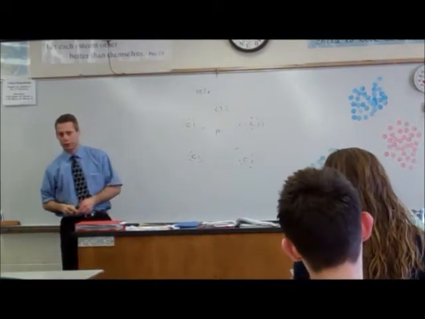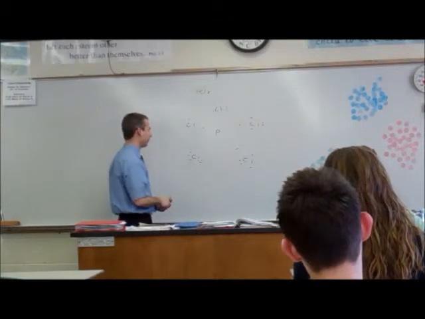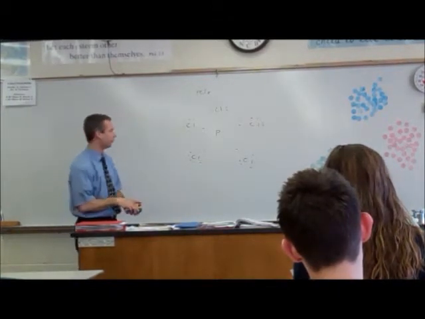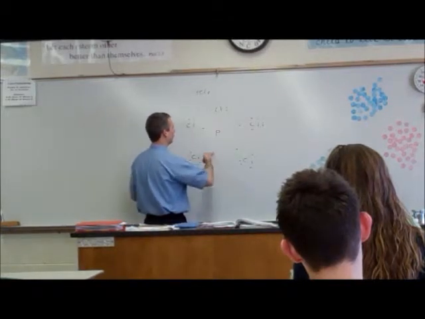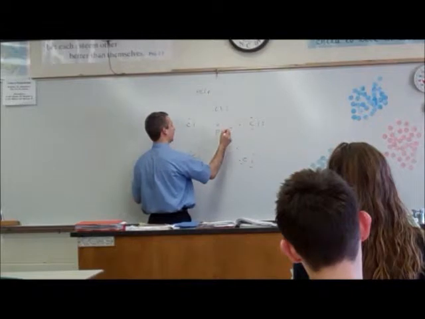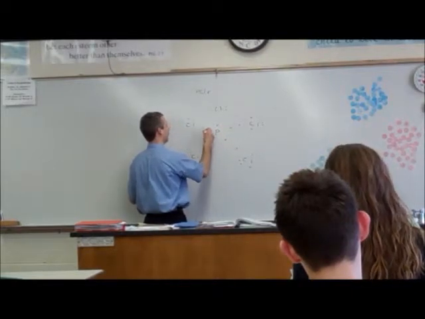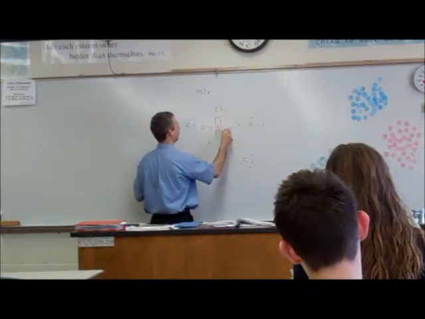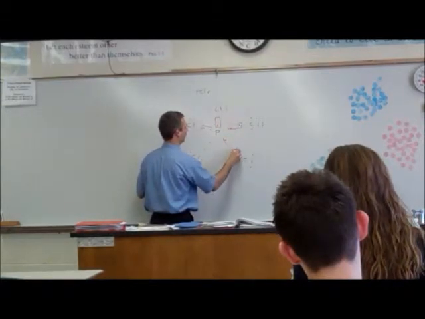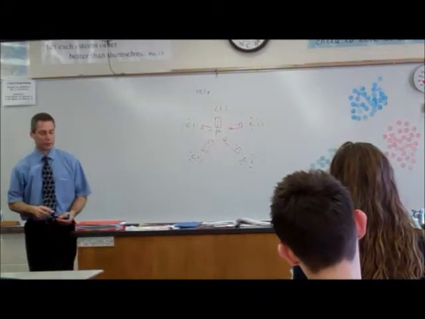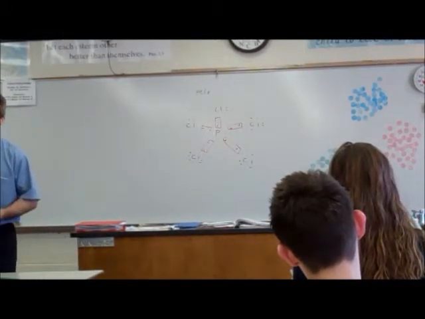Phosphorus has, Miriam, how many valence? 5. So it would look like I need to make 5 bonds, so we should put one here, one there, one there, and one there, so that we make 1, 2, 3, 4, and 5 bonds, giving all the chlorines there 8.